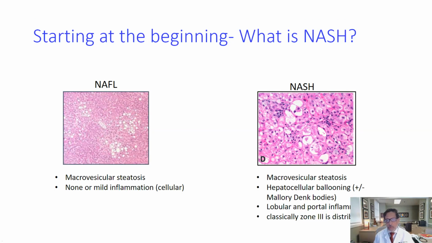And this is associated with inflammation, and it's typically in a zone 3 distribution. So together, fatty liver and NASH are part of the spectrum of non-alcoholic fatty liver disease.